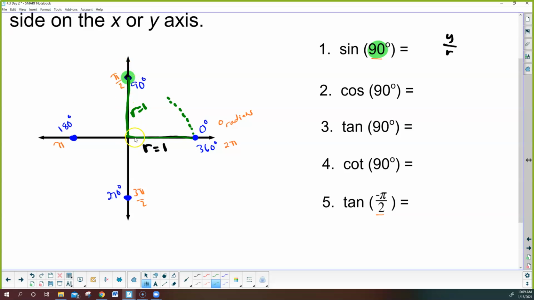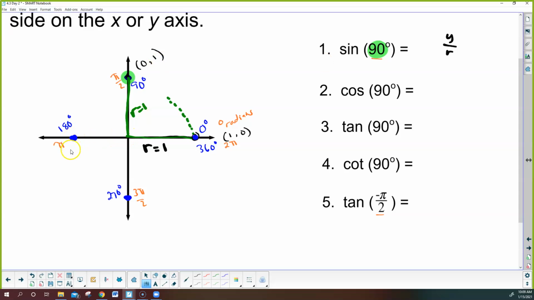So if this is 1, let's think about the location of these points. This dot right here is at the spot go over 1, up 0. This point right here is at the spot go over 0, up 1.